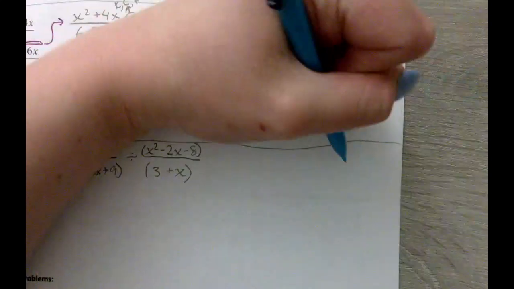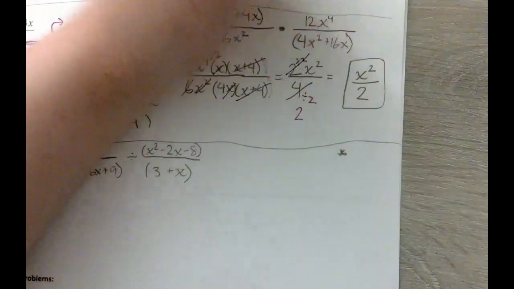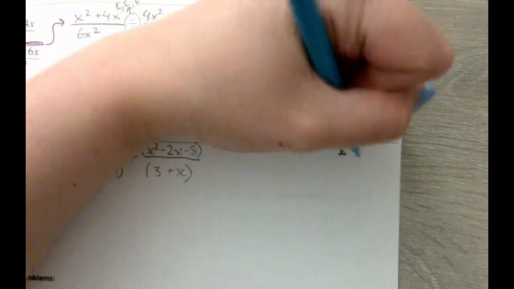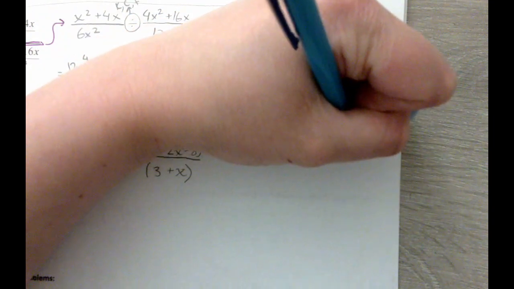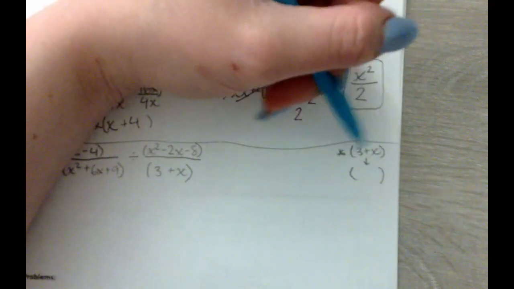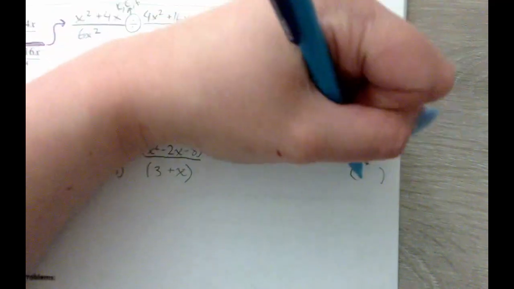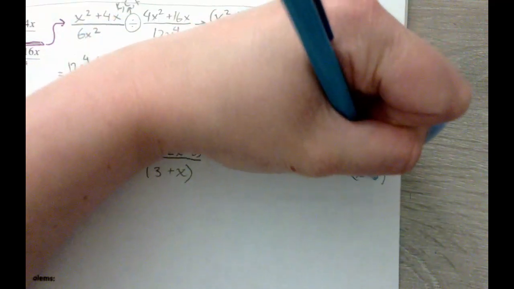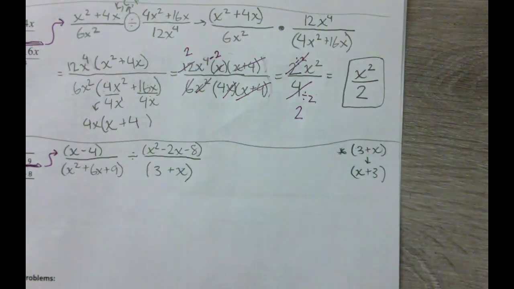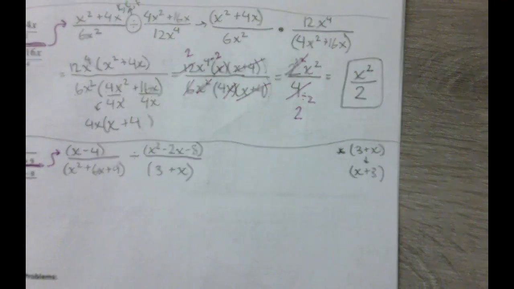I'm going to come over to the side and do it. If I had my post-it notes handy, I would do it on there. You have 3 plus x. If I flip-flop these, they are both positive. So I can put the x first. It's a positive x. And then this is a positive 3. That is the same thing as x plus 3.